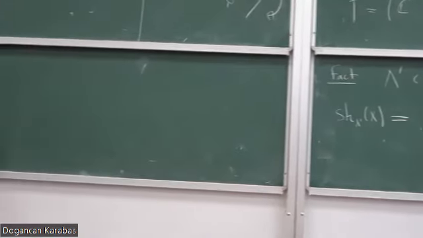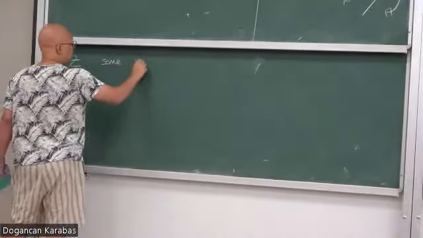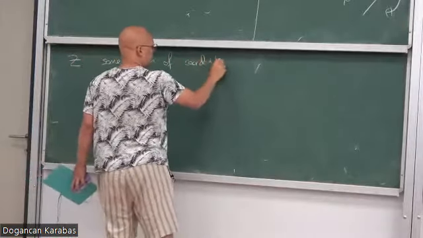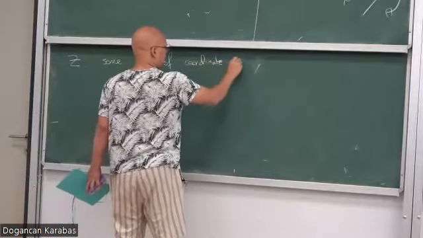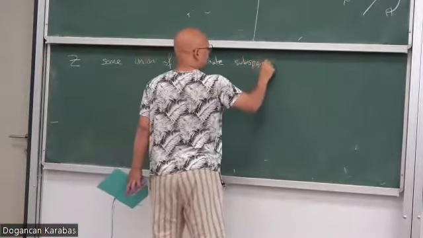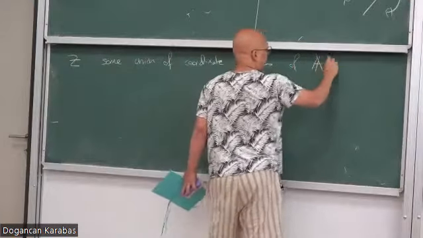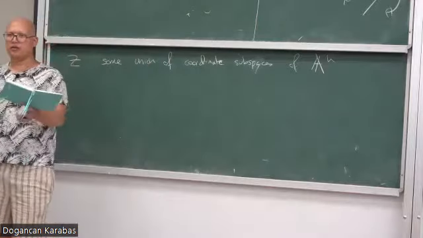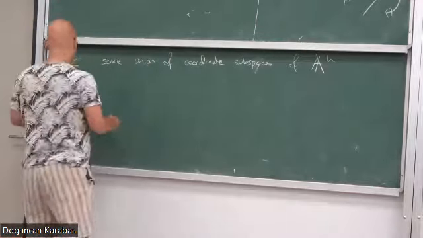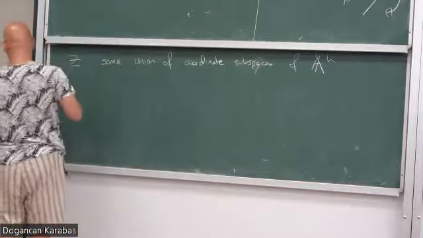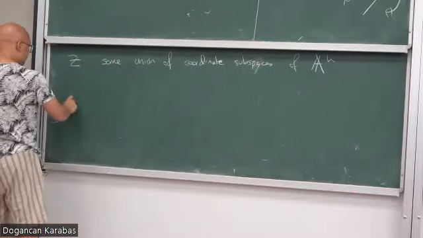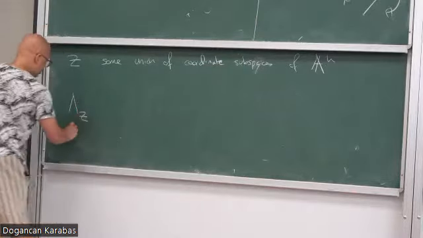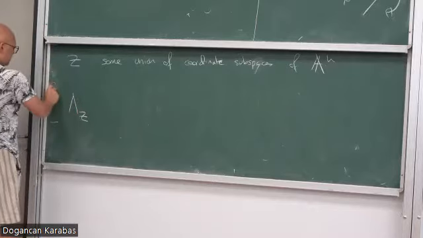So suppose Z is some union of coordinate subspaces of A^n. So for example, it might be just 0, just the point 0. I'll do the example explicitly in one second. Then I define lambda Z. This is a definition.